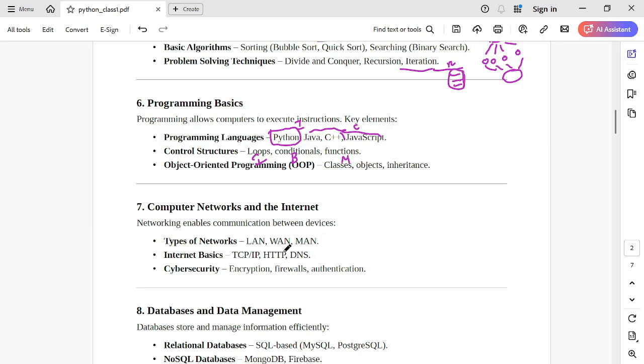The types of networks are local area, wide area, and metropolitan area networks. Similarly, internet basics include protocols: HTTP for web browsing, and TCP/IP for supporting the application layer protocols, with connection-oriented TCP and connectionless protocols, and DNS, the domain name system, which maps between the IP address and the domain names. Next is cyber security: encryption, firewalls, authentication.